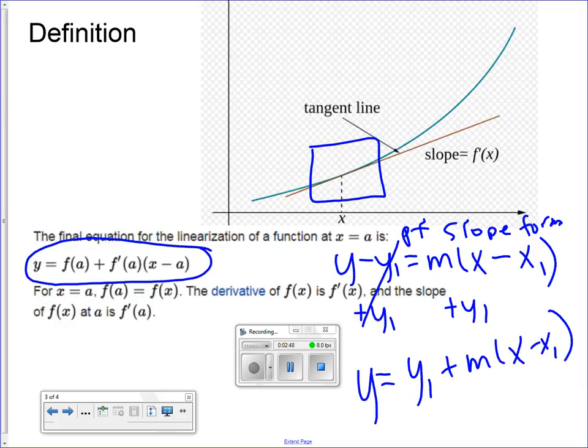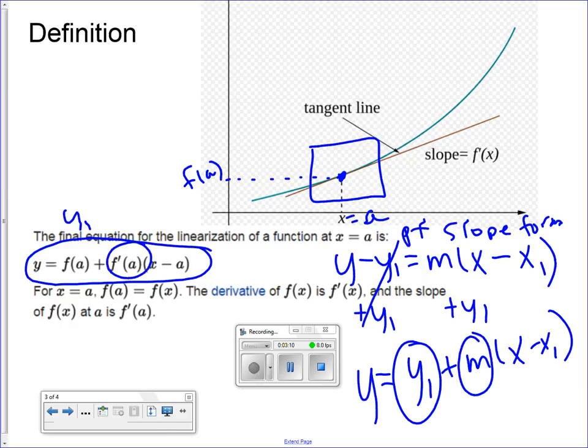That's really what this equation is. y1 is the output at A. This value right here, we're calling the x value A, and the height of that value is f of A. So y1 is f of A. The slope is the derivative at that point, the slope of the tangent line, and then x minus the x value, which is A. That's where the equation comes from. The text below just writes it as x is A, f of A is f of x, and the derivative is f prime. So the slope at that point is f prime.